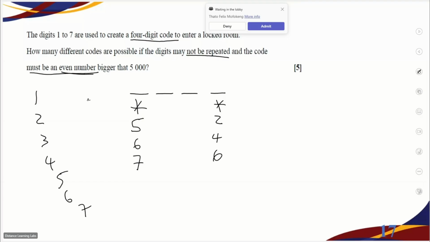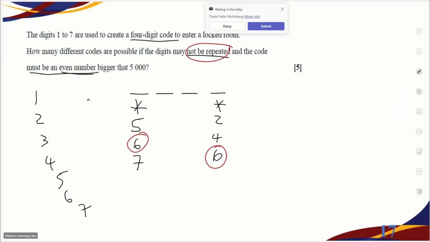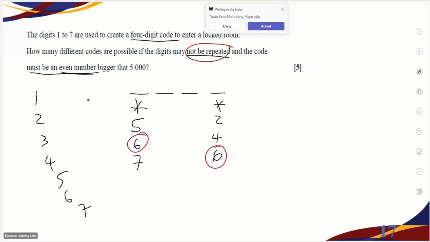There is 6 here, there is 6 there, and 6 cannot repeat because they said digits may not repeat, but 6 appears on 2 restricted positions. If you come across such a case where a number appears on 2 restricted positions and digits are not allowed to repeat, then we do it separately.